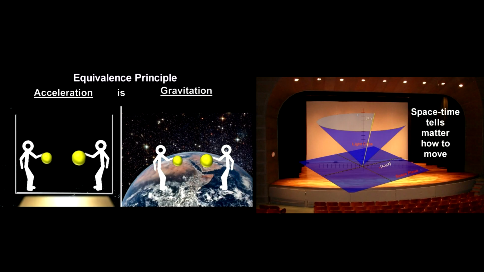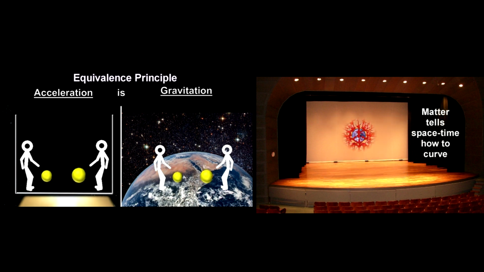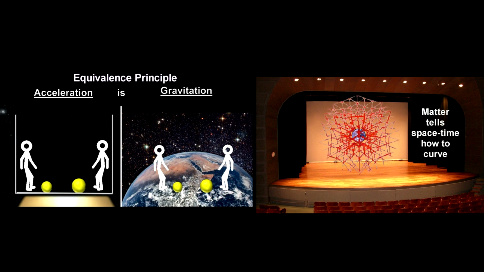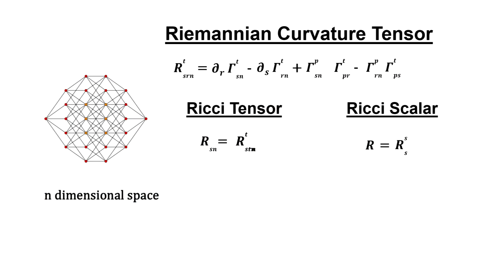The equivalence principle led Einstein to the position that the presence of matter curves spacetime, and that a body, free from all forces, travels geodesics in this curved space. With Riemannian geometry and the Ricci tensor, he had what he needed to develop the curvature side of the equation.